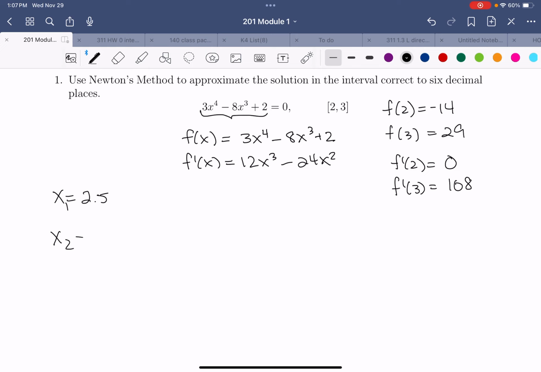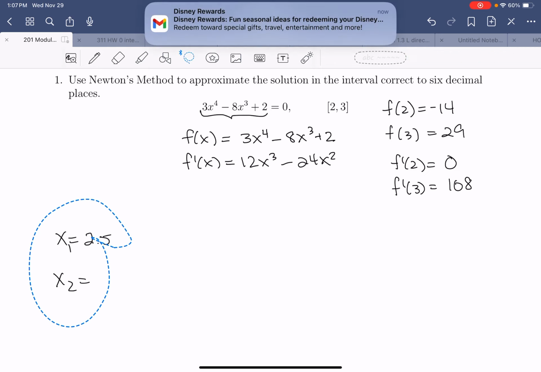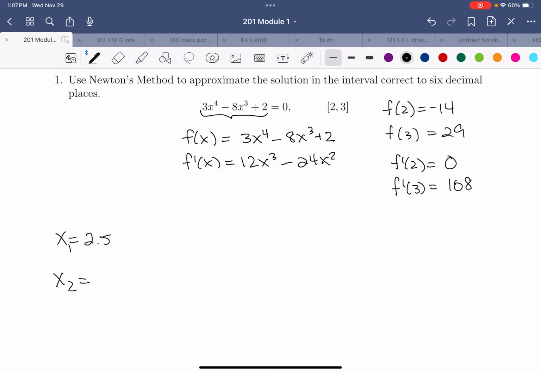To find my x2, I'm going to use x1 in the formula above. So my x2 is going to be negative f at 2.5 over f prime at 2.5 plus 2.5. The best way to do this, if you have a graphing calculator, is to plug in 2.5, then the store button and alpha A, and then type in exactly what you see here.